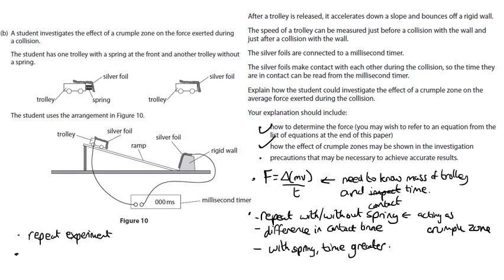So control the angle of the ramp, and when you set the trolley off, don't push it. So we'll write that down as well. And there's probably enough in there to get 6 marks.